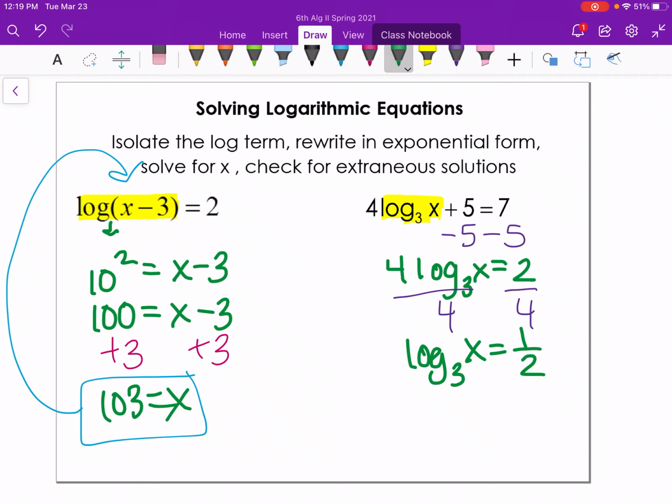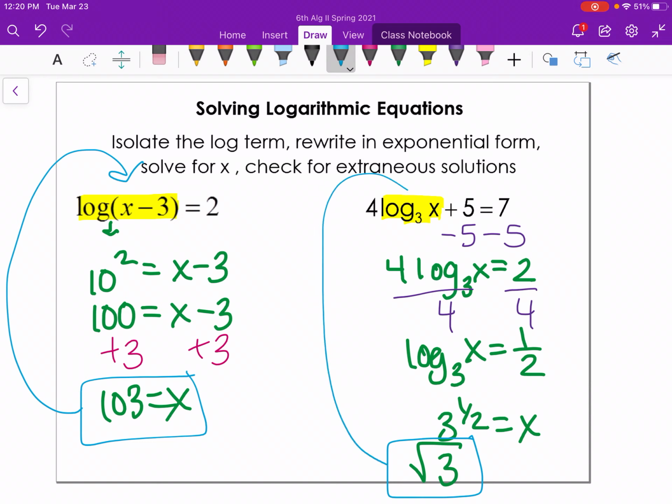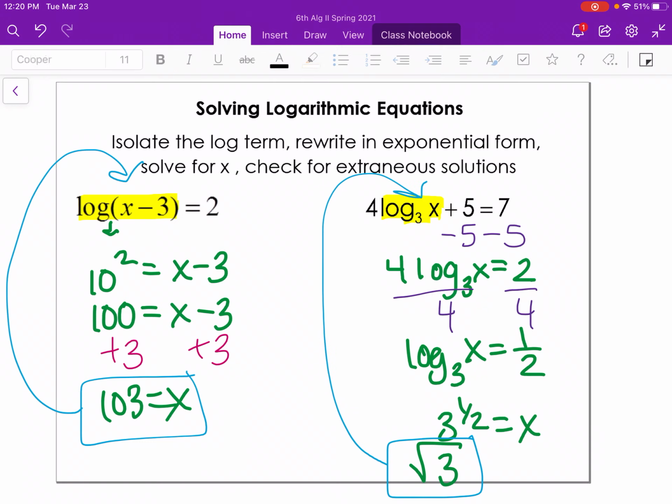So then, if I rewrite that as an exponential, I have 3 to the 1/2, or the square root of 3, equals x. So the square root of 3. If I were to plug that in, it would not be an extraneous solution, right? Because that's positive. The square root of 3 is positive.